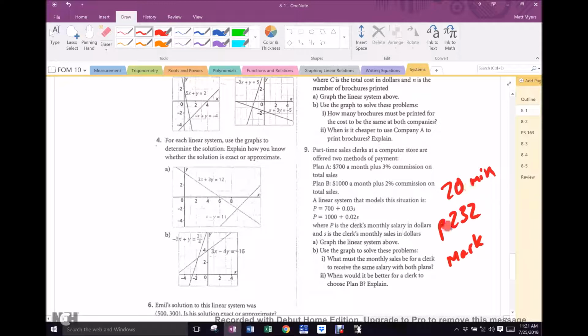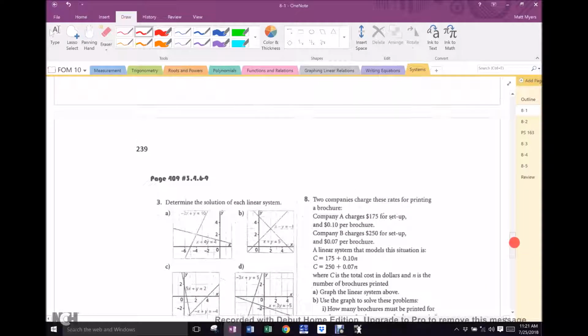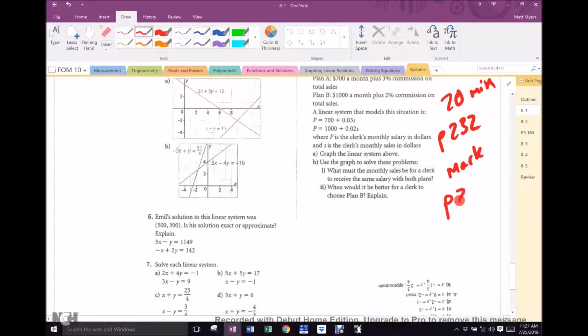For the next 20 minutes, you're working on this. If that is done, we will be marking it in 20 minutes. If that is done, you will start working on page 239. Okay? Everybody good? Good.